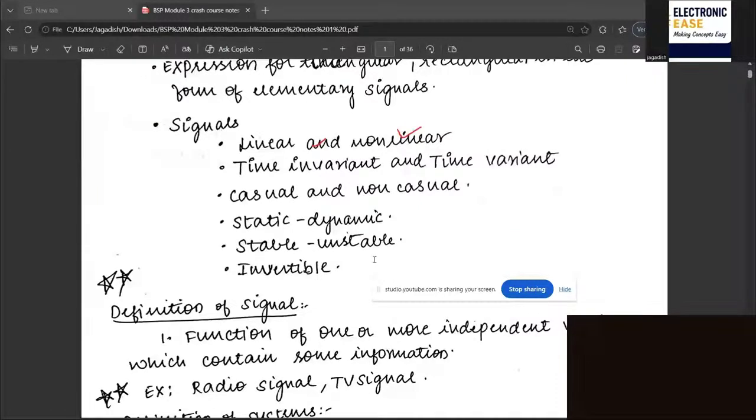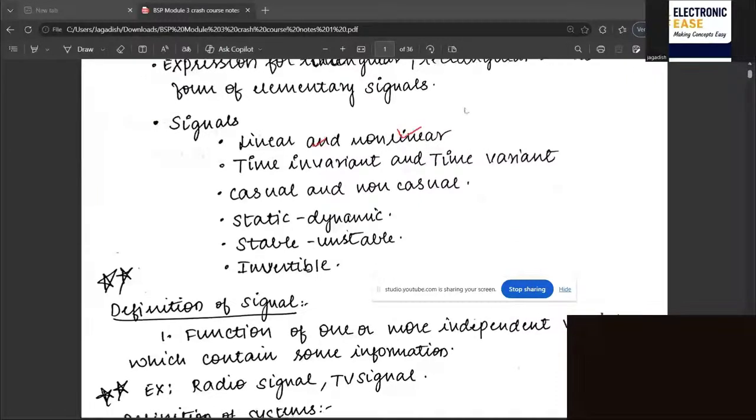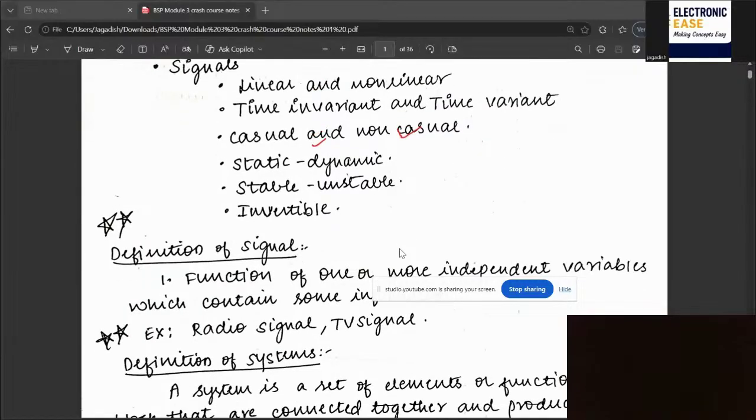Example, radio signal. ಅಲ್ಲಿ ಏನು information ಇರುತ್ತೆ? The voices. You can't see it in the radio signal, but you can hear and even visualize the picture. That is the signal definition.